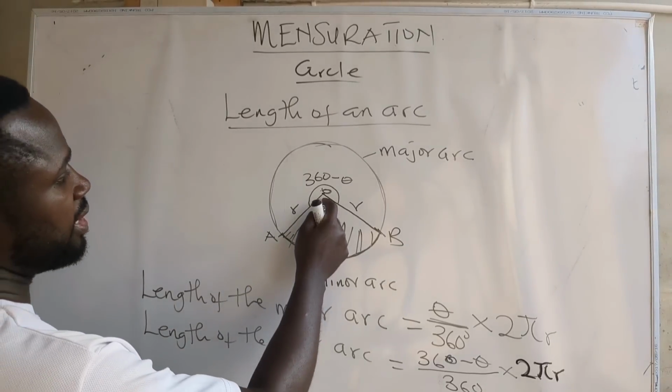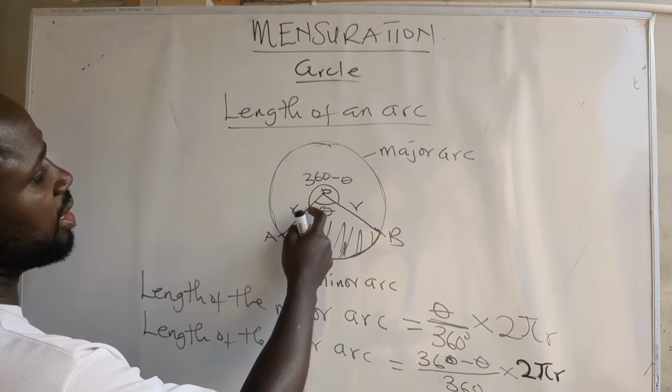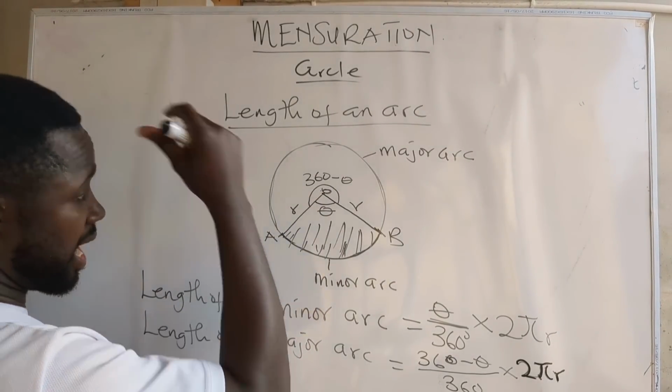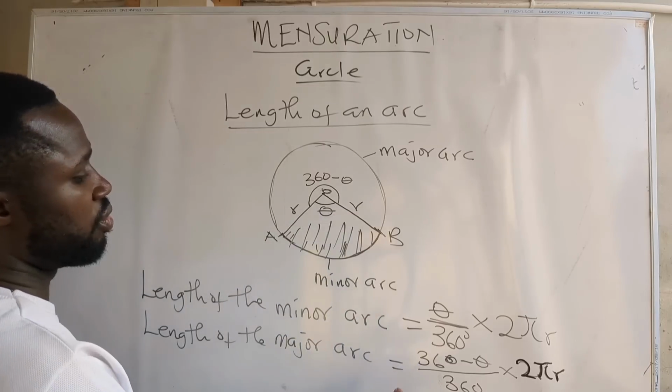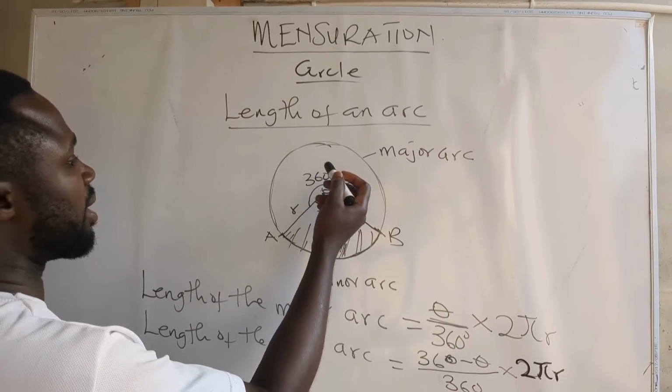Because we have already used theta here, that is why I'm saying that here will be 360 minus theta. Assuming that I use it as theta, then here will be 360 minus theta. So it is not constant that it is 360 minus theta.